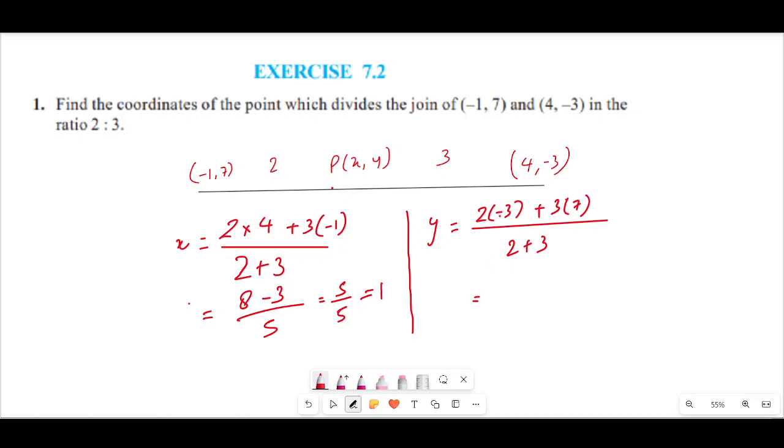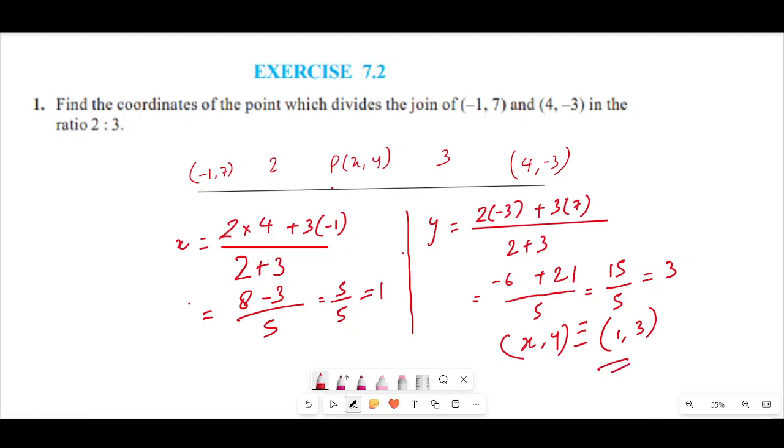Then 3 times 2 is 6, so minus 6 plus 21 is 15, upon 5. That is 3. Now we got the values of x and y: the point is (1, 3). Now come to the next question.